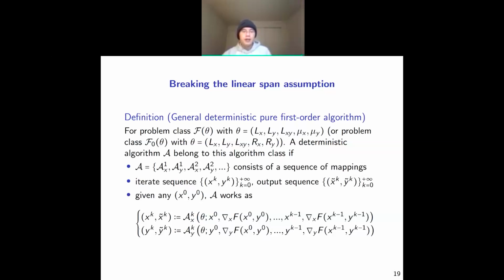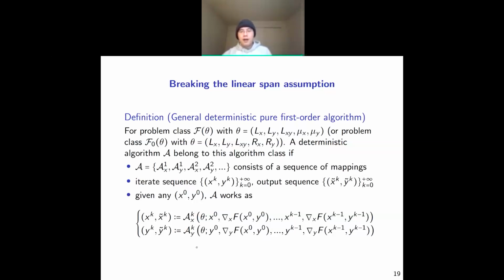And similarly, your iterates and your output sequence for y are also generated in a similar way by some predetermined sequence of mappings A_x and A_y. So in this case, we call this a general deterministic pure first-order algorithm.